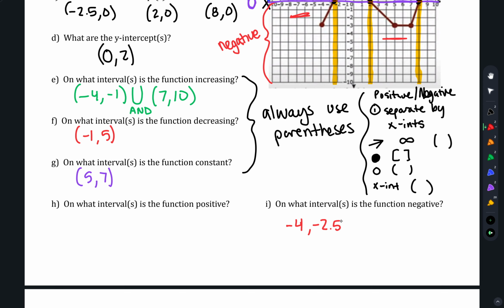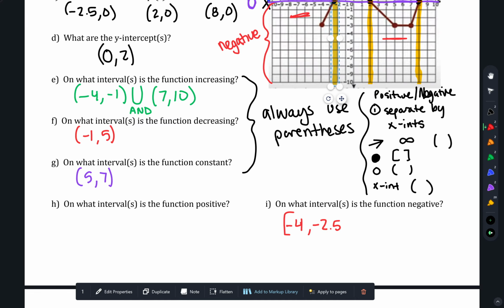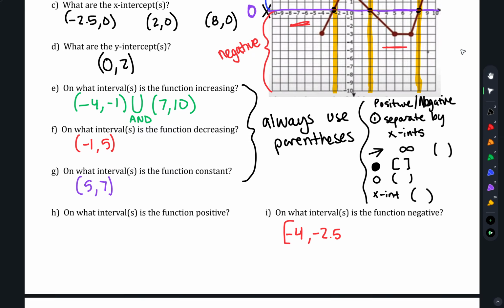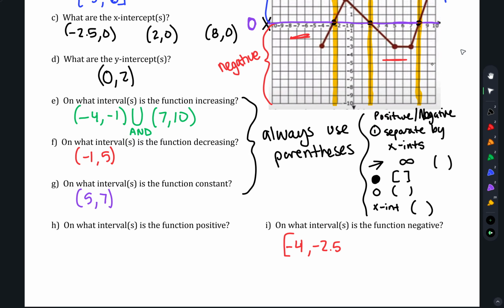So I got a closed circle here. That means it's going to get a bracket. And then -2.5, this part right here, you can kind of see it. Is that going to get a parenthesis or a bracket? What do you think? Parenthesis or a bracket on -2.5? Sarah? Parenthesis. It's an x-intercept at -2.5. So that's a parenthesis. Perfect.